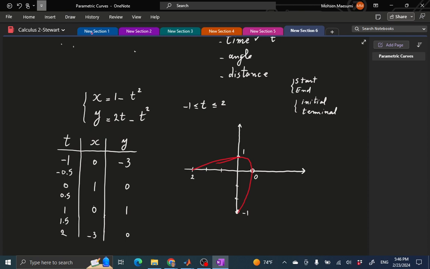We kind of guessed that if we had started earlier, like minus 2, probably would have been here. And if we go past time 2, we probably continue in that trajectory.